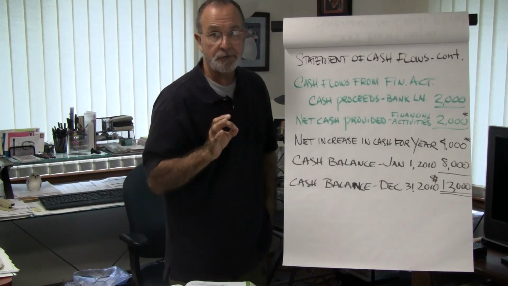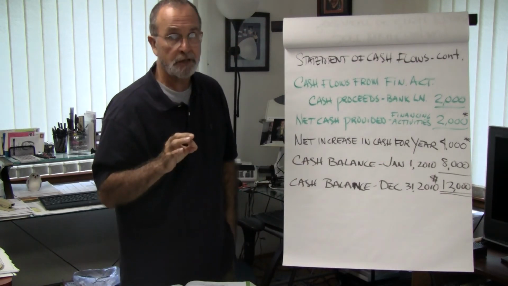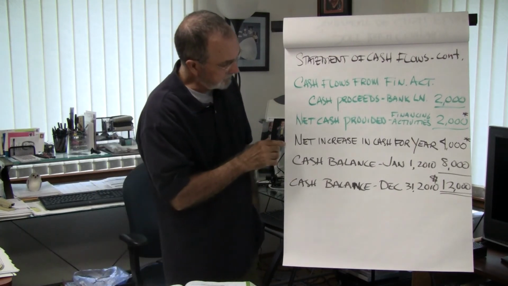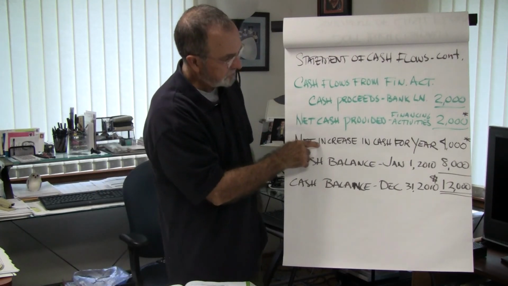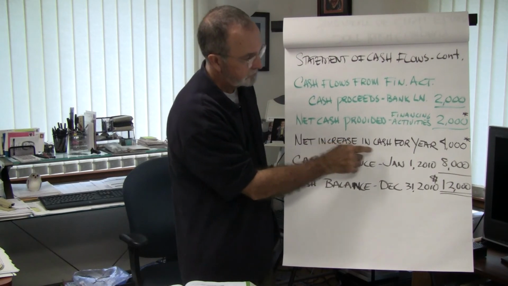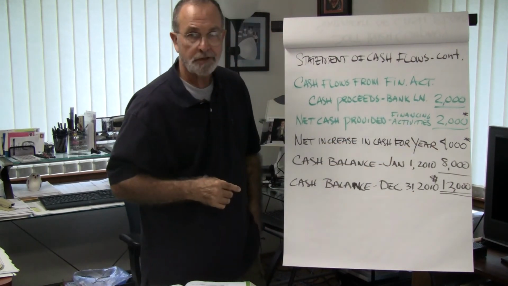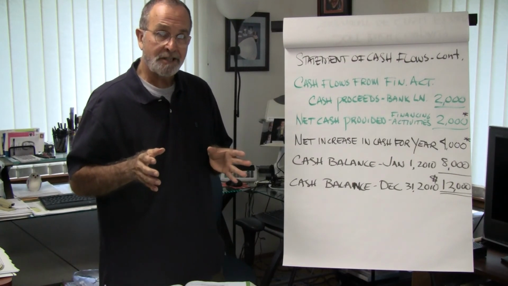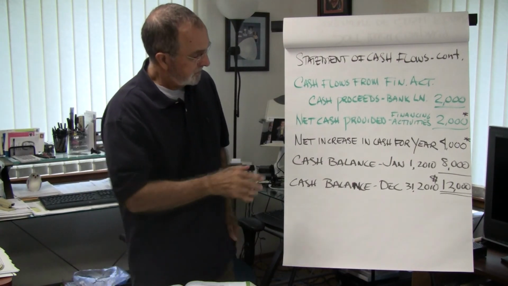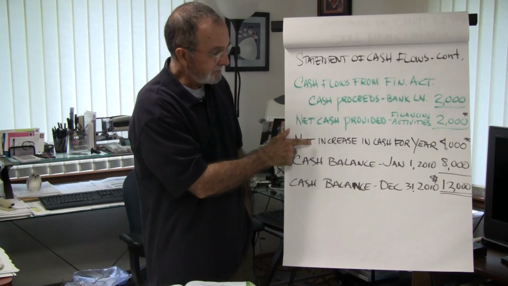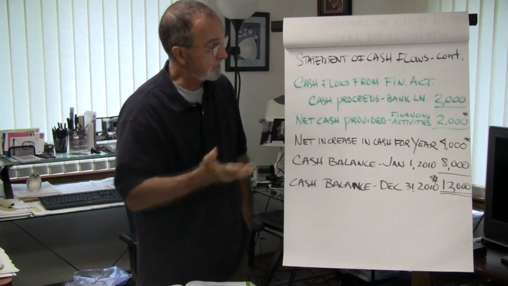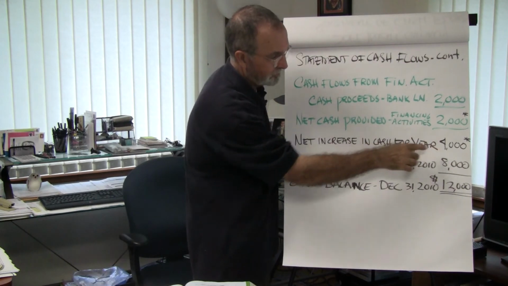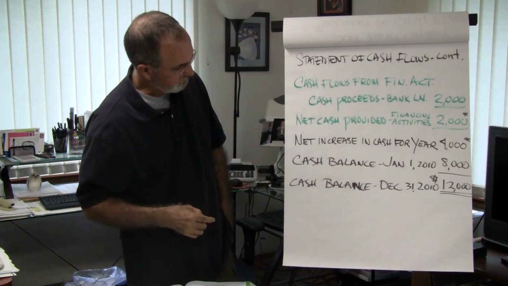And so we add the $3,000, we subtract the $1,000, and then we add this $2,000 to get the net increase in cash for the year of $4,000. If the negative amounts would have exceeded the positive amounts, then this would be called a net decrease in cash. But again, we're positive, so we have an increase, and the total is $4,000.